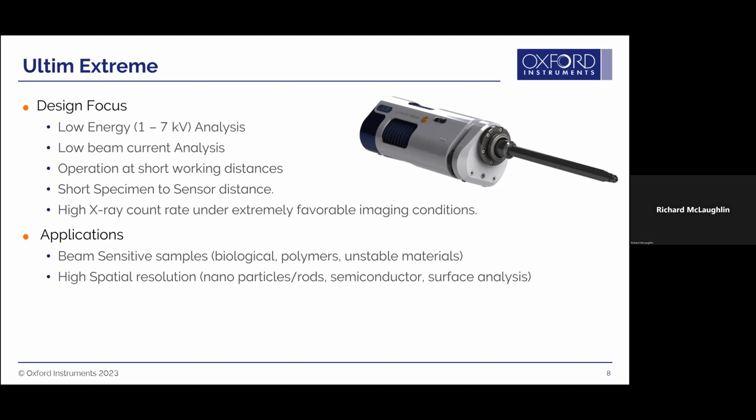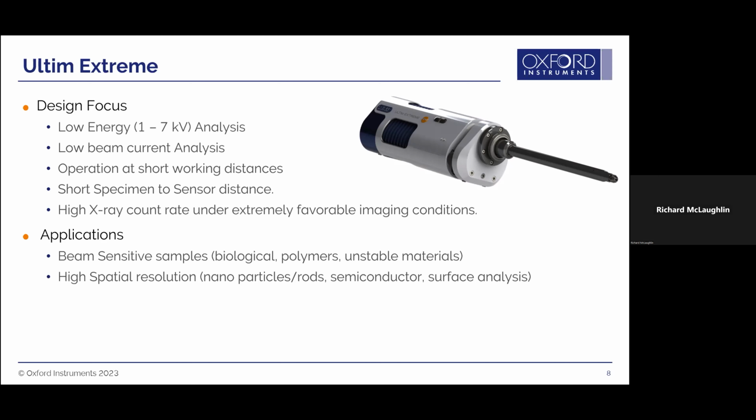And if you're using a standard EDS system, my guess is you're going to be running generally at 2, 3, maybe 5 nanoamps to get a reasonable amount of counts. It's also designed to work at short working distances, which just means that you're going to be working probably around 5.5 millimeters working distance.